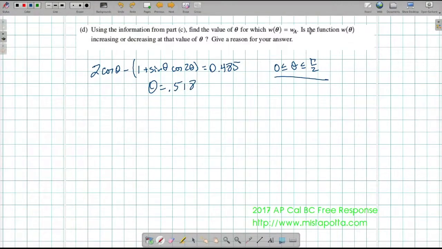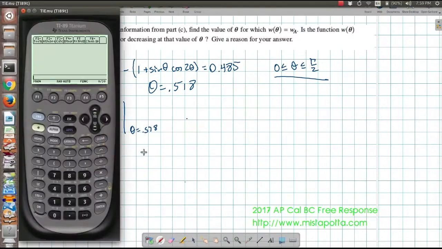And now I want to know, is the function increasing or decreasing at that value of theta, which really means I want to find the derivative of W with respect to theta at theta equals 0.518. So let's go to the calculator one last time.